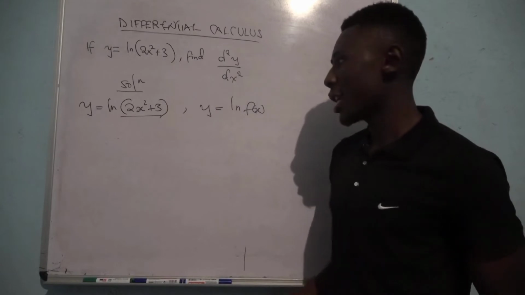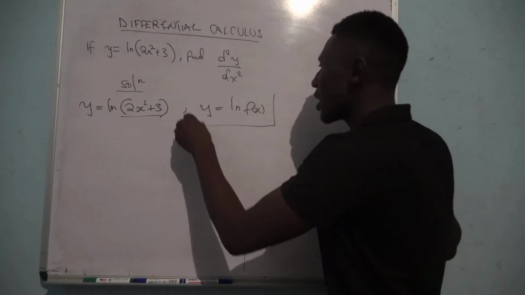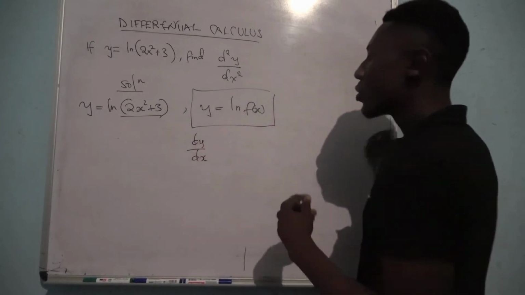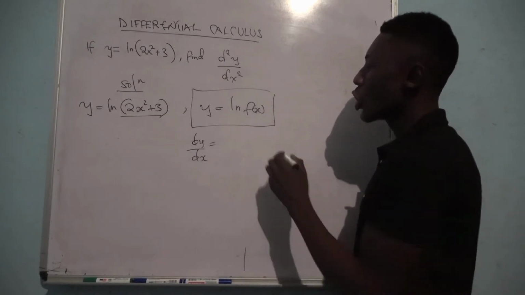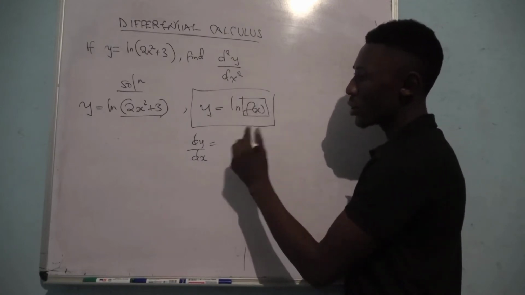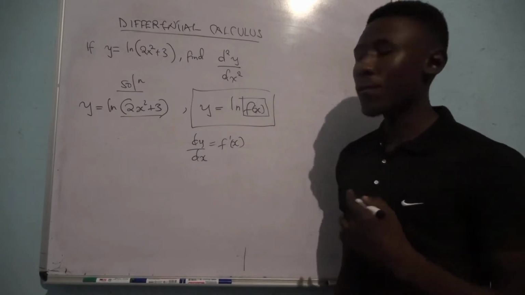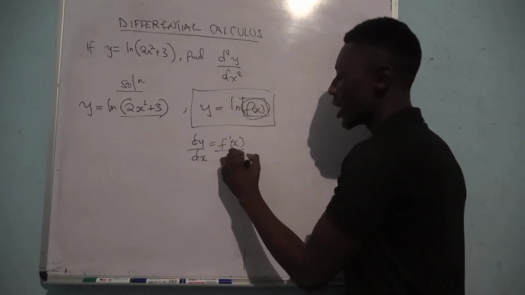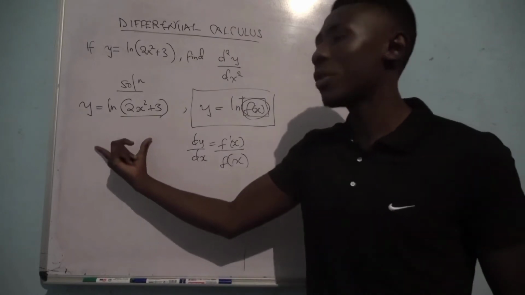Finding the derivative of y with respect to x of a natural log in this manner, you find the derivative of this function with respect to x, so it will be f prime of x. Then we divide by the function f of x the way it is. This is the same knowledge we're going to apply to the problem that we have here.